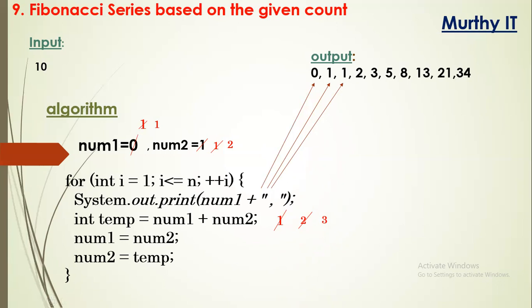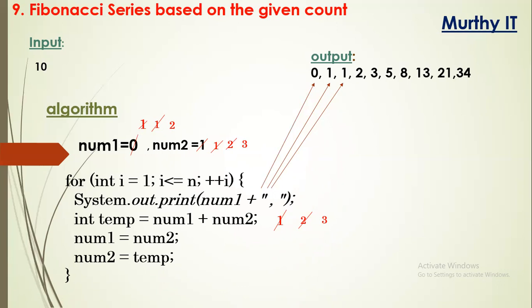Now number 1 equal to number 2, so 1 is replaced by 2. Now number 2 equal to temp. In number 2, 2 is there, and temp has 3, so 2 is replaced by 3. So three iterations are finished.